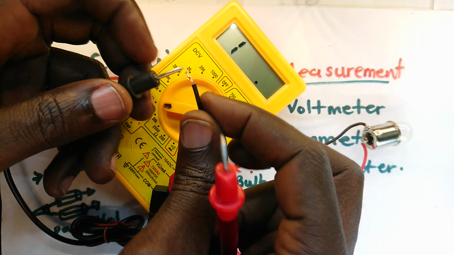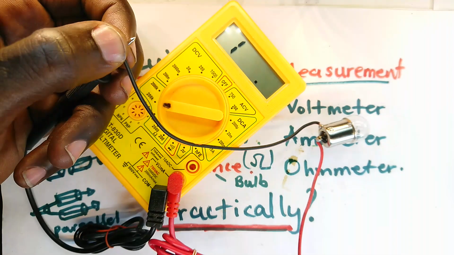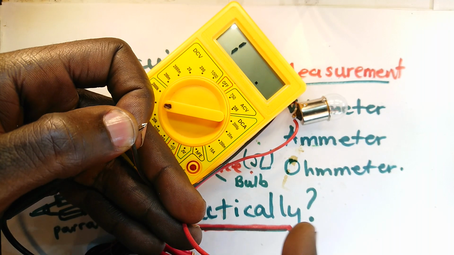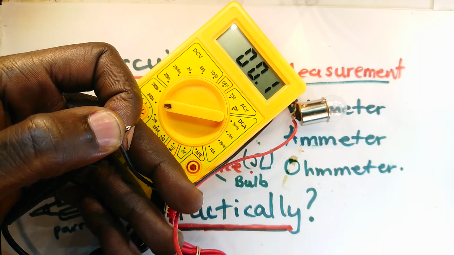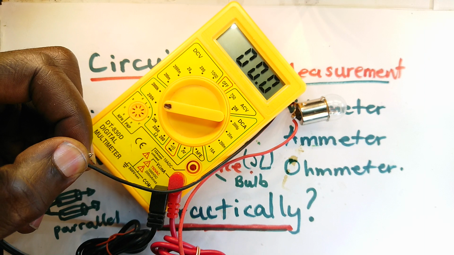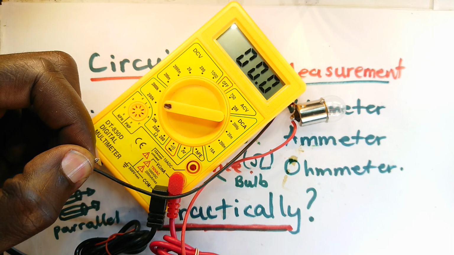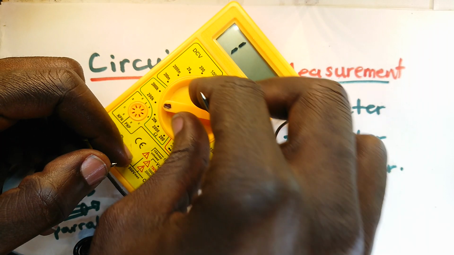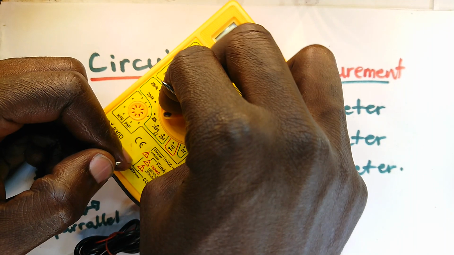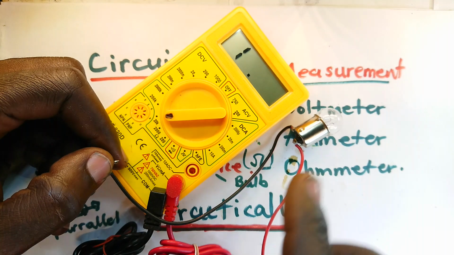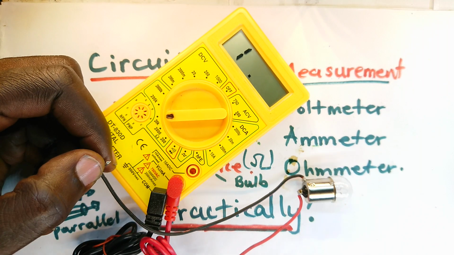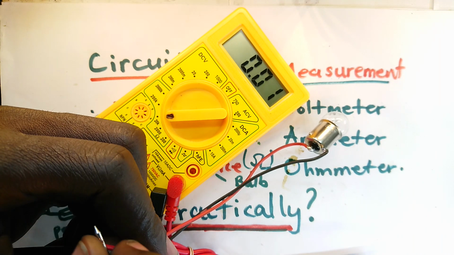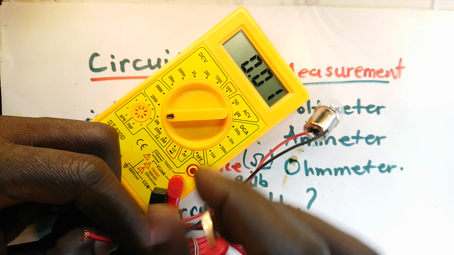Now I'm going to put one probe here. The resistance usually doesn't have direction, so wherever I put it, it will give me a value. Okay, that means the resistance I'm trying to read is smaller than that. That's why I cannot get a value. Let me drop it down, and we see, still small.